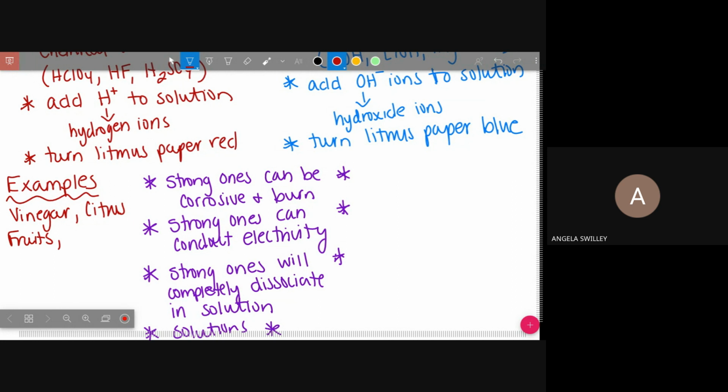Anything that has H on the front, remember, it will be acidic. Like if they give you the chemical formula, we wrote some of those down. Soda.